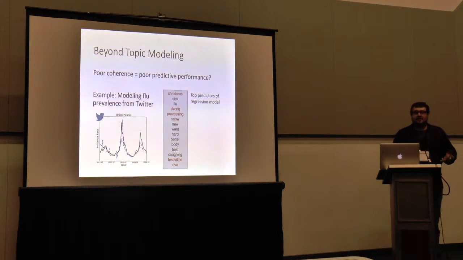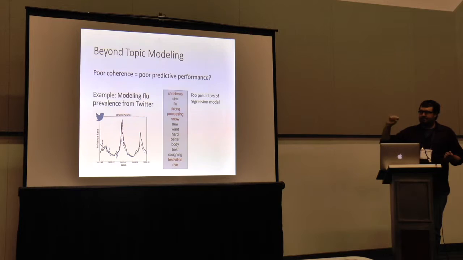One example that came up in my own research of where I think coherence might be a useful metric for evaluating a model is, I do a lot of research in using social media data to track the spread of disease. So, for instance, we can measure how many people have the flu based on how many people are tweeting that they're sick.